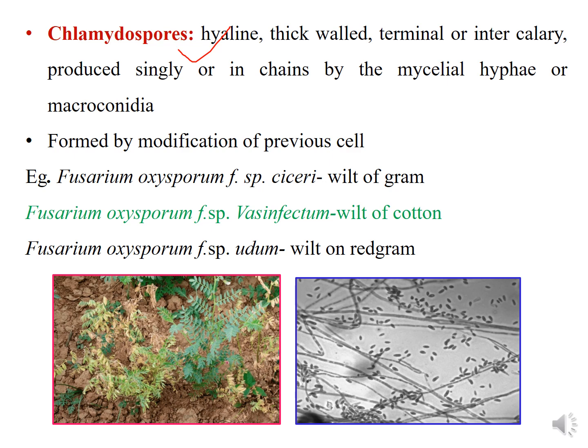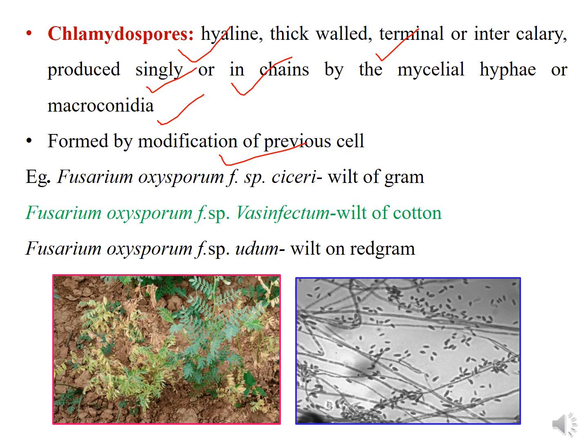Terminal or intercalary, they are produced either single or in chains, that is catenate, by the mycelial hyphae or macroconidia. Even macroconidia themselves are capable of producing these chlamydospores. They are formed by modification of the previous cell, that is from the macroconidia, or directly from the mycelium.